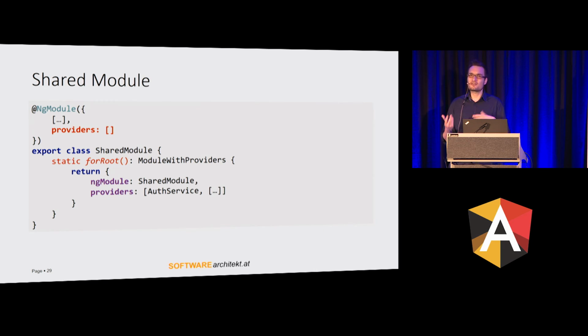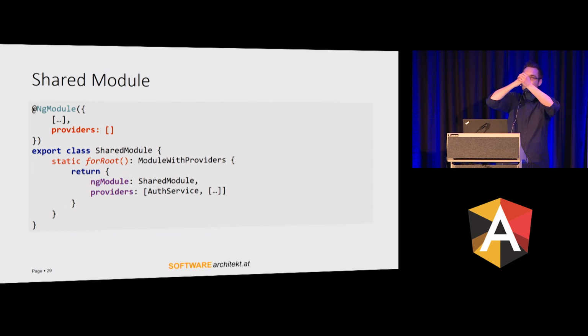This object is somehow just a record that binds some new providers to a pre-existing module. In this case, my shared module is extended by my providers that include my auth service. So that is everything we have to do. And then we can use the version that forRoot creates for our root module, and we can use the shared module itself with all other modules.